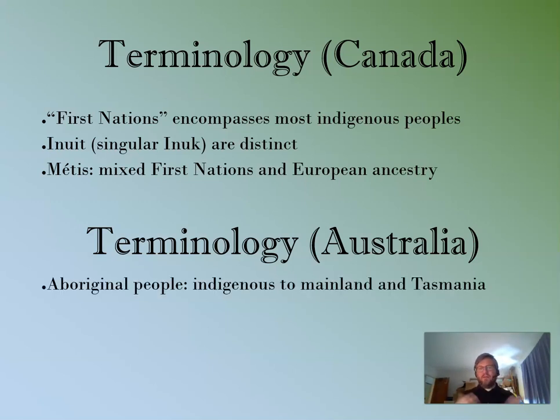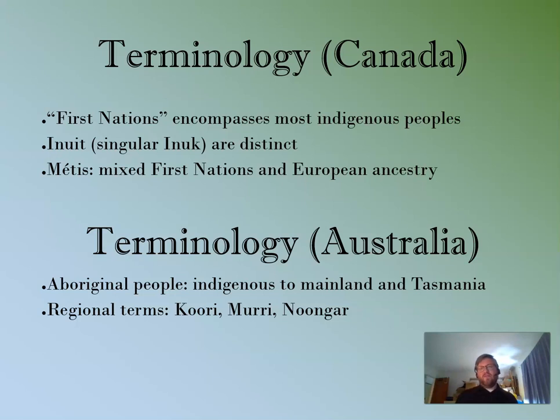In Australia, we usually use the term Aboriginal people to refer to Indigenous people from the mainland of Australia and the island of Tasmania. And there are also some regional terms that you may see if you're looking at discussions of Indigenous environmental justice issues in Australia.